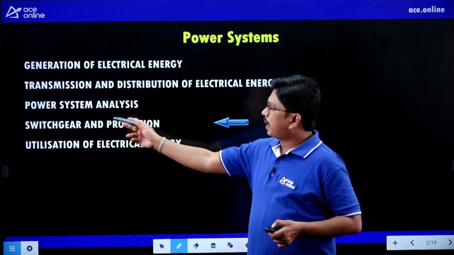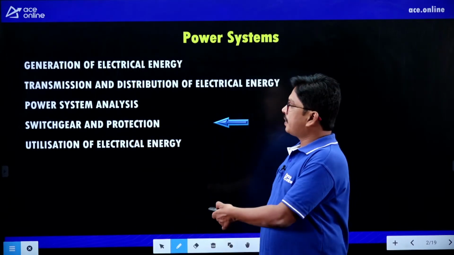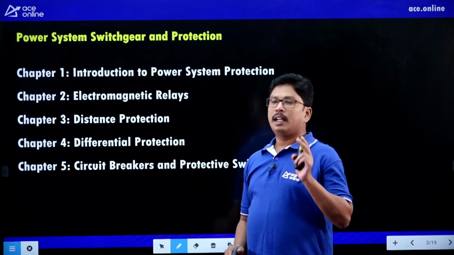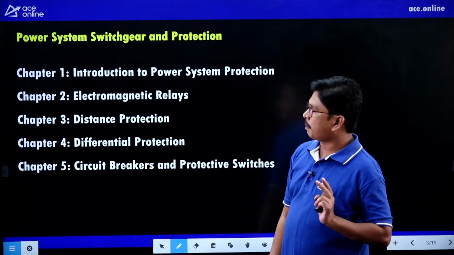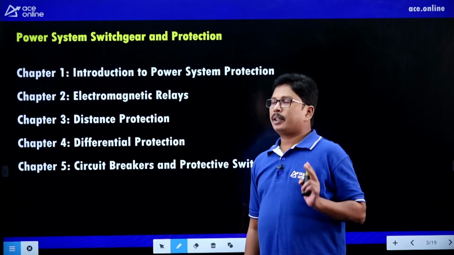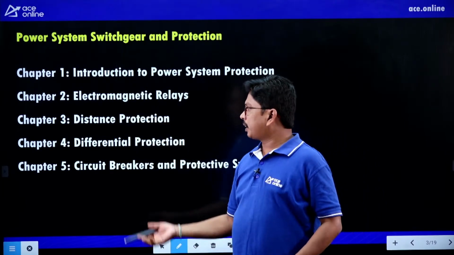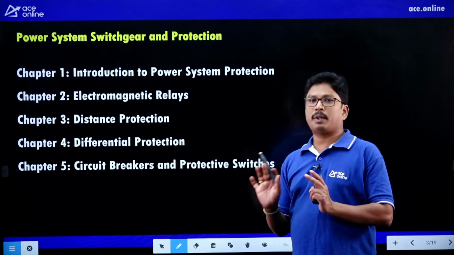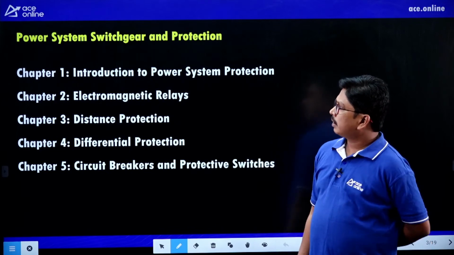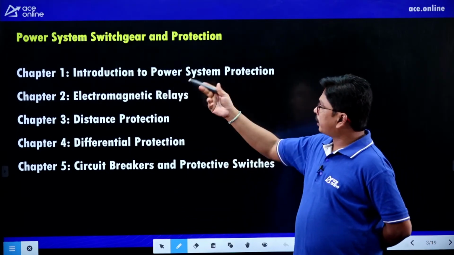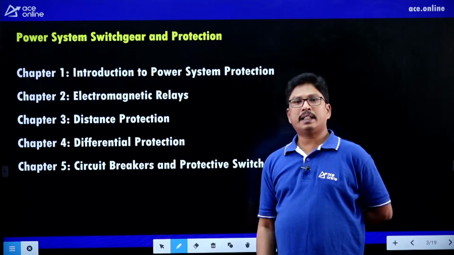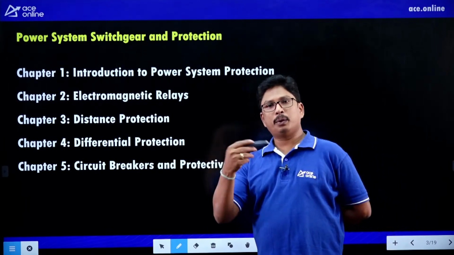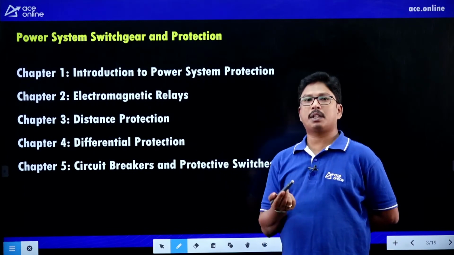Now, in this we are discussing switchgear and protection. The syllabus of switchgear and protection consists of introduction to power system protection, electromagnetic relays, distance protection, differential protection, and circuit breakers and protective switches. In the introduction to power system protection, we are going to introduce the components of the substation, right?